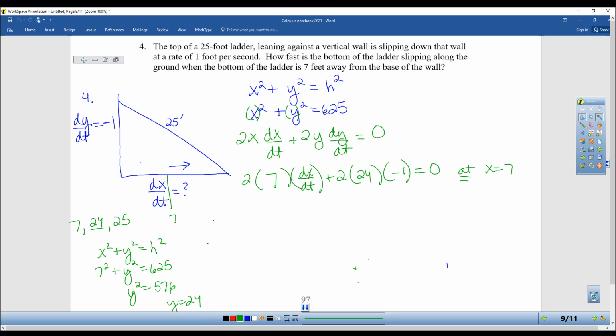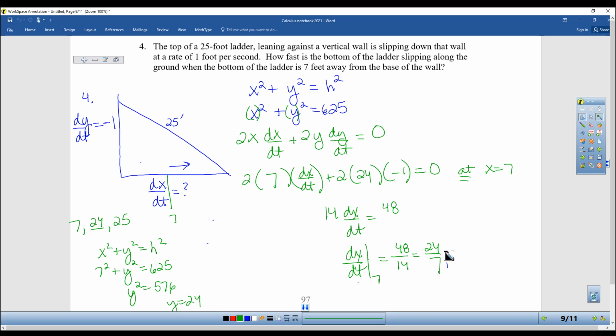So y is 24. That gives me 14 dx/dt is equal to negative 48. When I bring it to the other side, it's positive 48. So dx/dt specifically at 7 is equal to 48 over 14, which if you divide by 2 would be 24/7. And what is its rate?